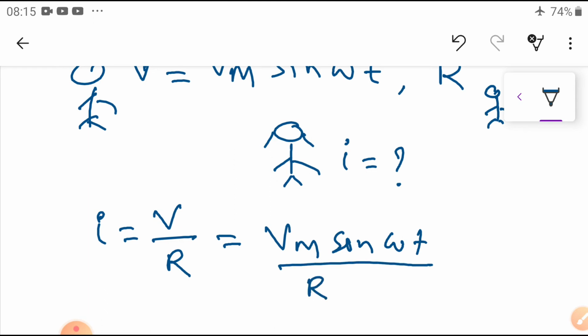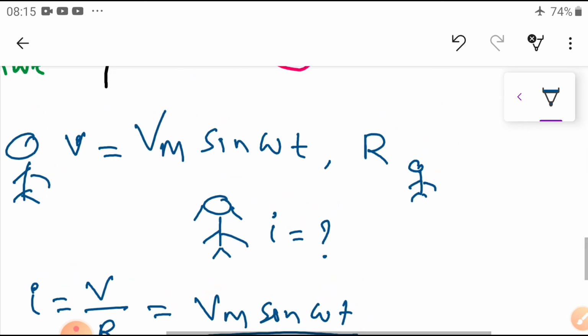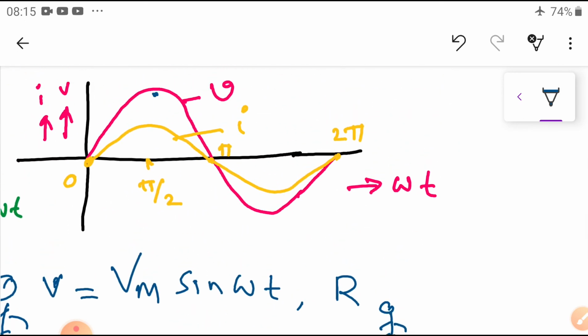Then what happens? So I is equal to Vm sine omega t by R. So I can write the maximum Im. Current becomes maximum when the father becomes maximum, so she also becomes maximum here. When is it possible? When theta is equal to 90 degrees.